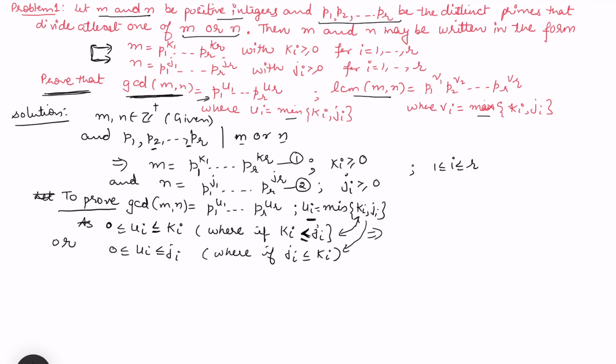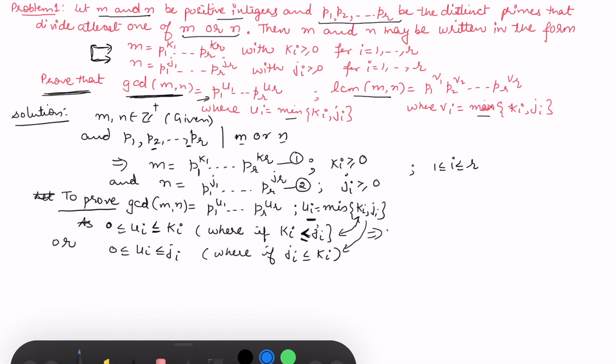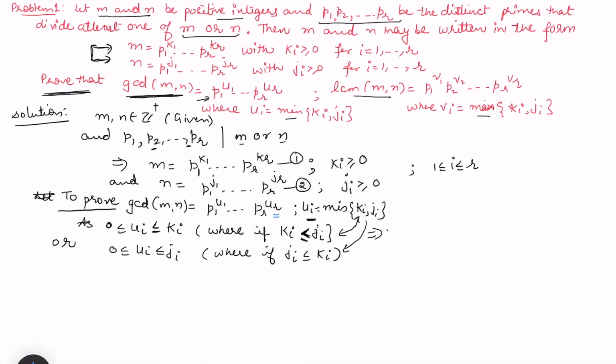Now for the first case, I'm also considering this expression, let me call this GCD expression x. So whenever this ui is less than ki, and we have this sort of expression, and m has this sort of expression, we have just done a result.